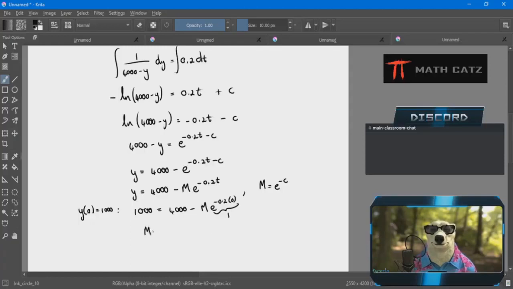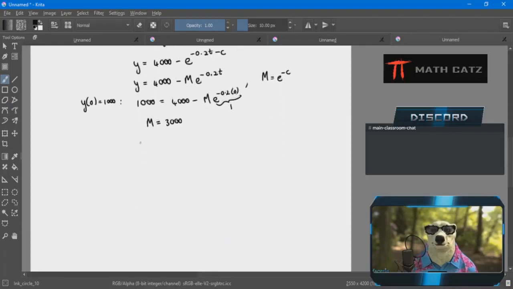So that means m is 3,000. So I have my function. My function describing the growth of these mountain goats is 4,000 minus 3,000 e to the negative 0.2 t. Let's put a box around that.